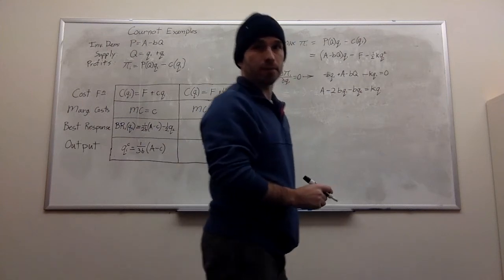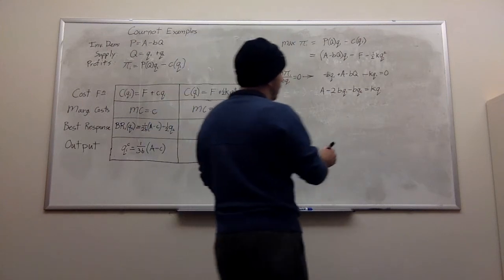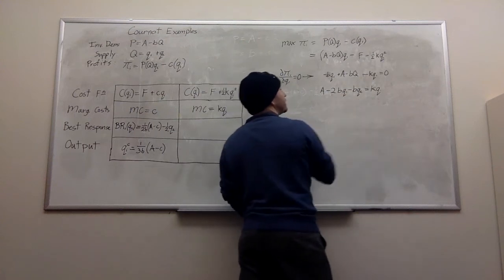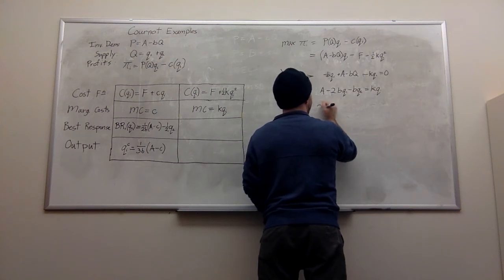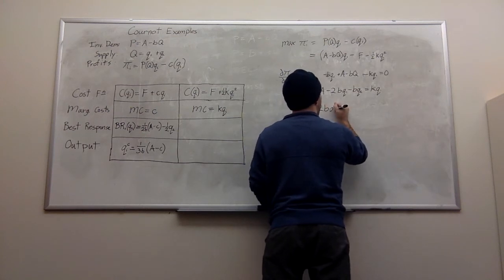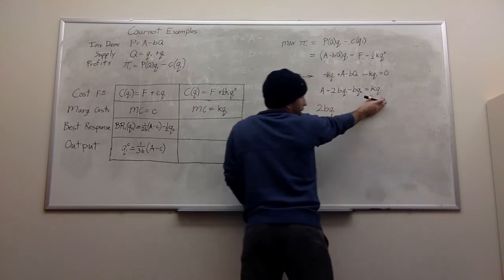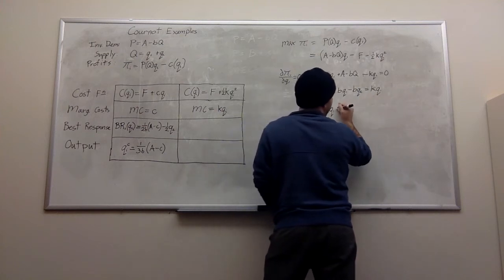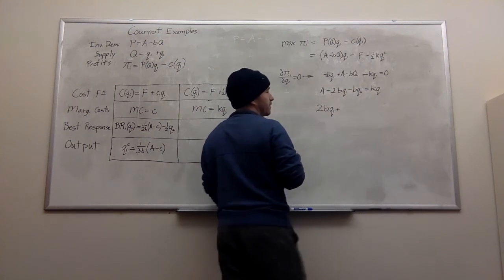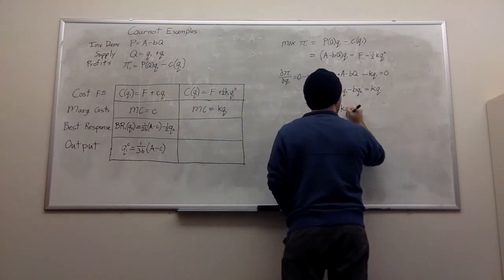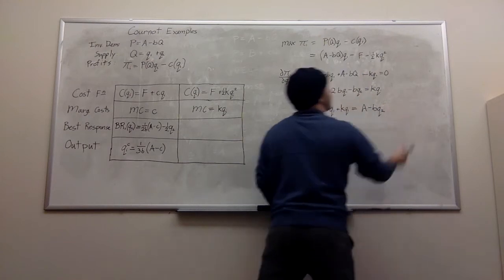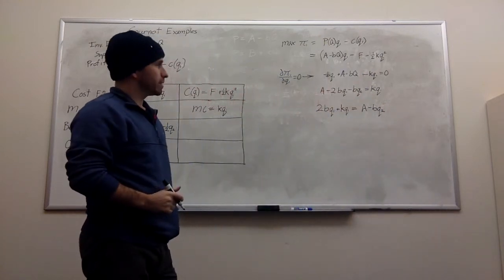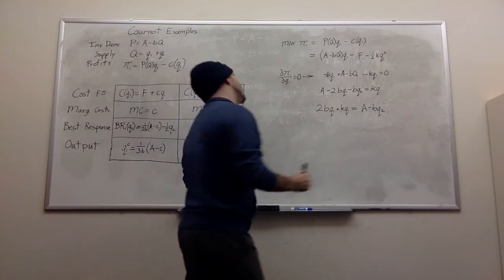And now I solve this in the same way I did before. I can get 2b q1, but now this term is going to have to stay attached to it, right? Stay on that side because I'm solving for q1. So I have plus k q1 is equal to a minus b q2. This one won't simplify quite as neatly.